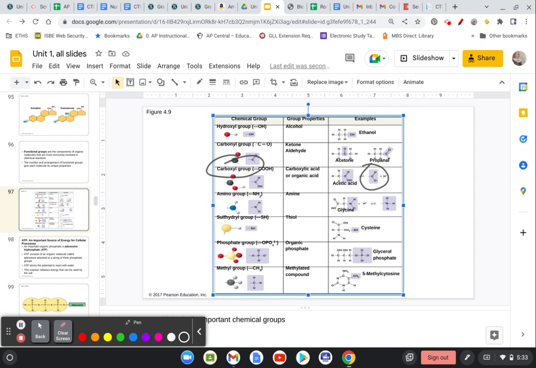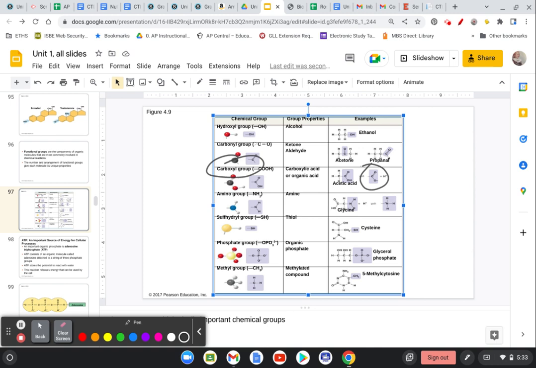So it's really to your advantage to make sure that you understand these functional groups before you take that quiz. And if you don't do well, make sure that you understand what you missed and why you missed it.